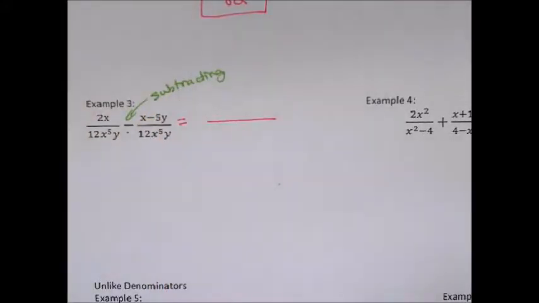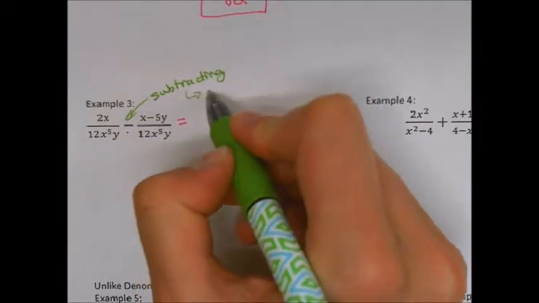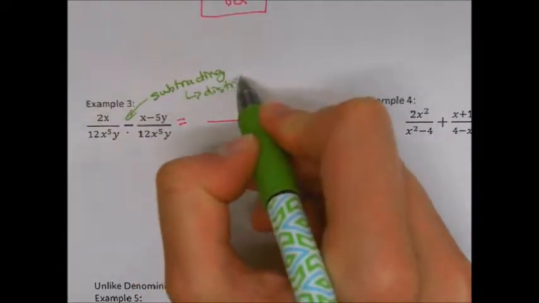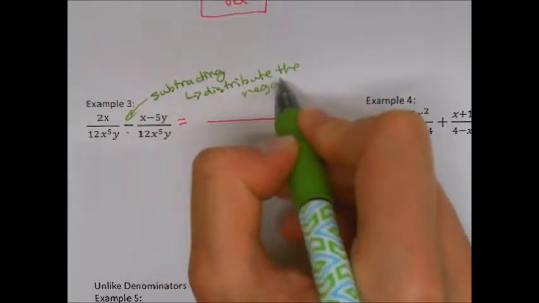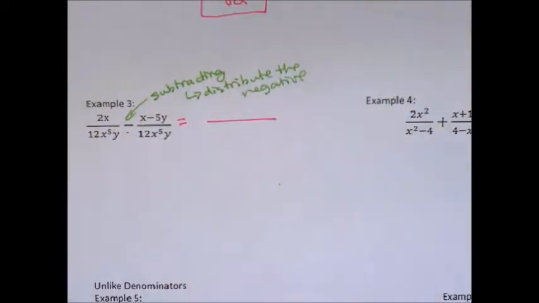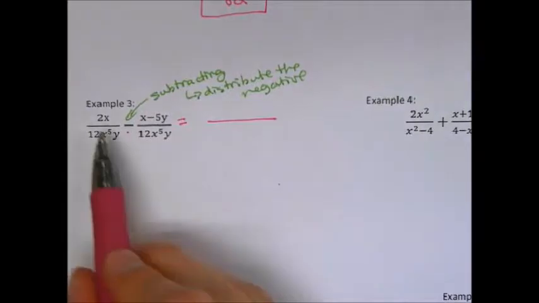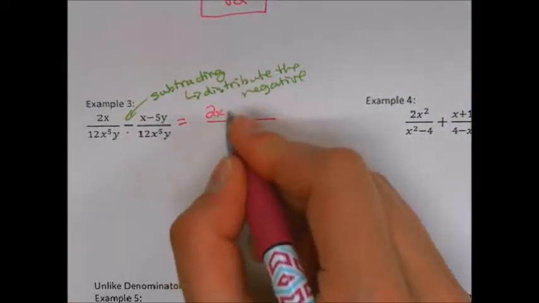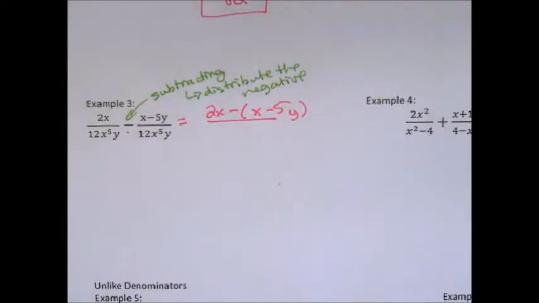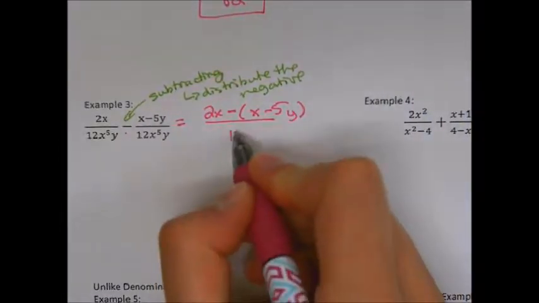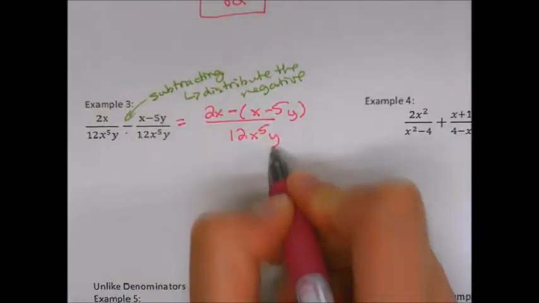And when we're subtracting, we have to remember to distribute the negative. So on the top, I'm going to have 2x minus the quantity x minus 5y. The denominator stays the same.